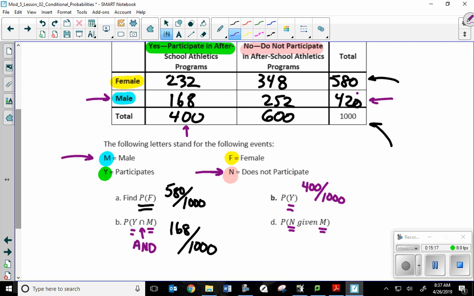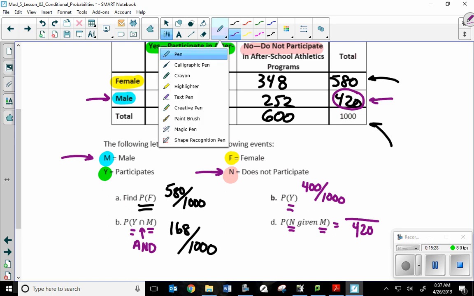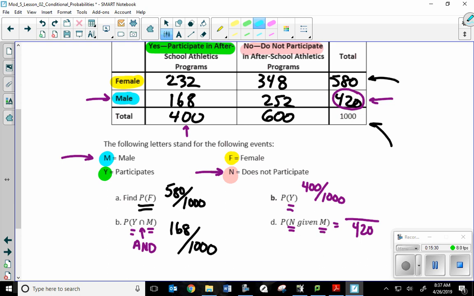I can only choose out of the 420. That's what I'm given. How many do not participate in sports? Again, I am looking only at the male column because that's what I am given. So 252 do not participate in sports out of all the males that I'm given to pick from. So that is my probability.